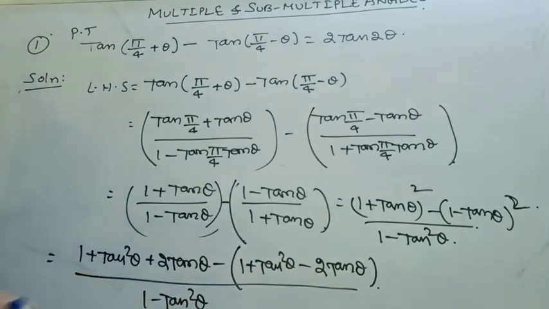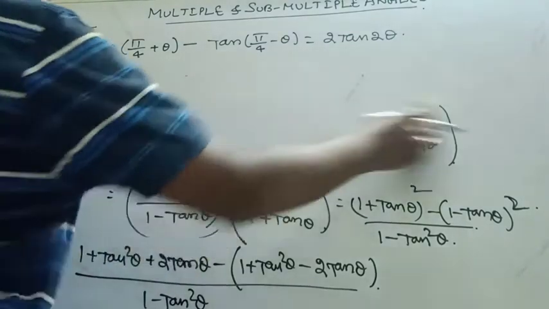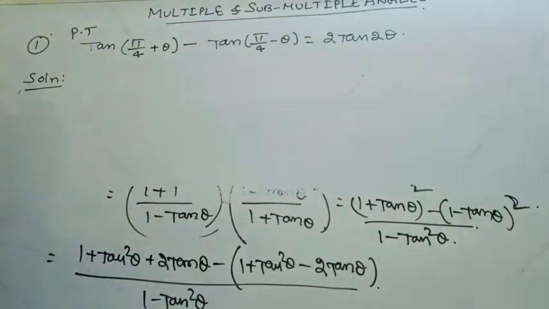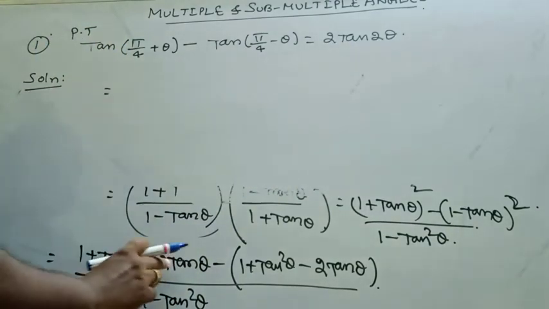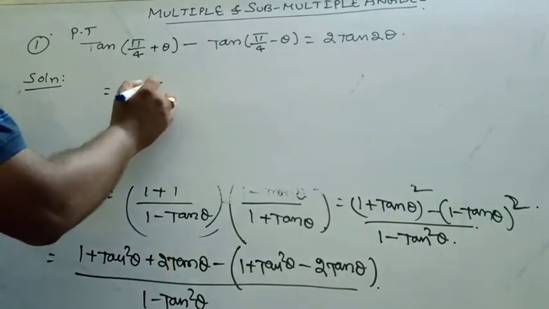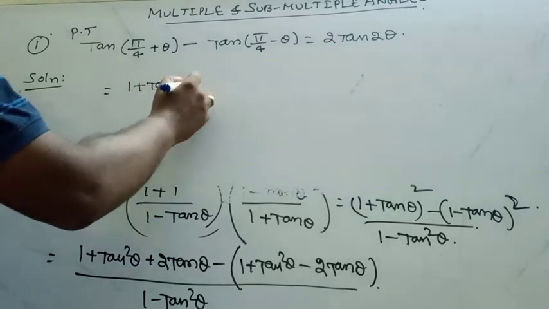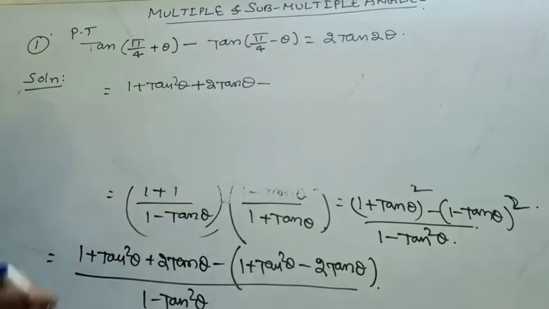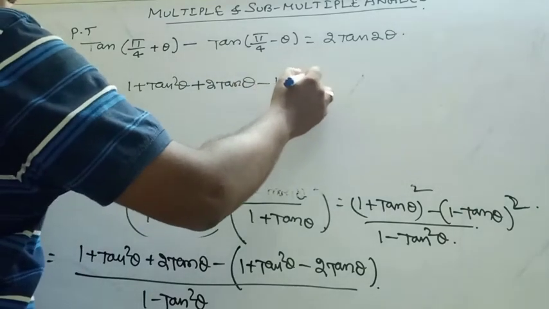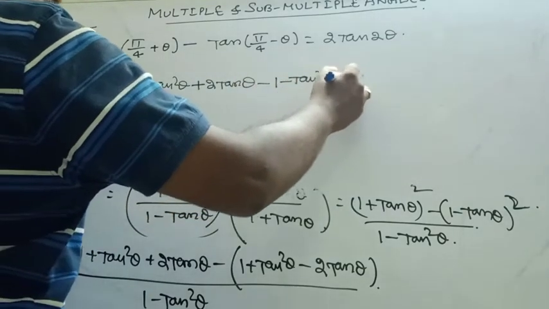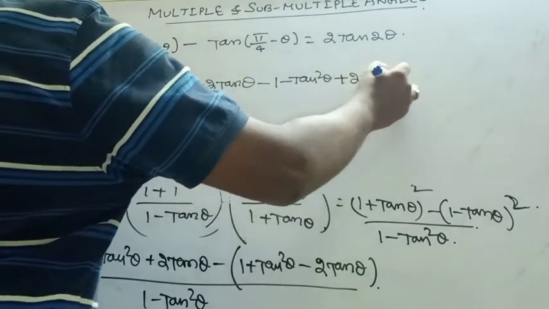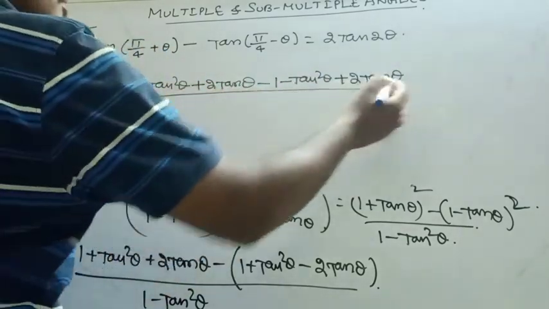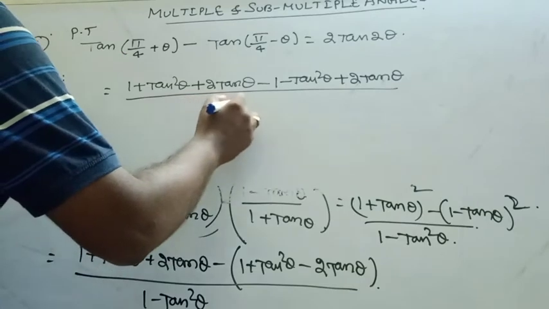Once we simplify this part, this is equal to 1 + tan square theta + 2 tan theta minus 1 minus tan square theta plus 2 tan theta, whole thing divided by 1 - tan square theta.